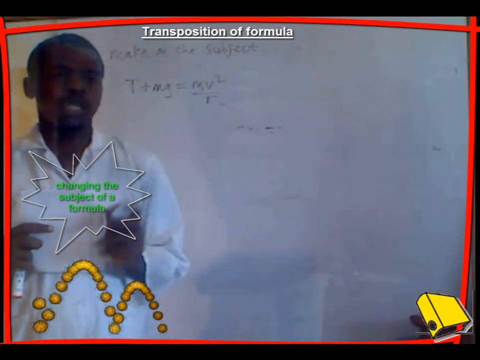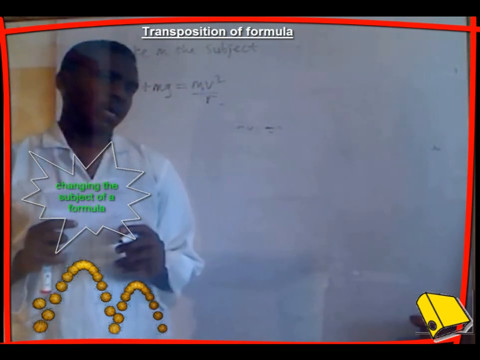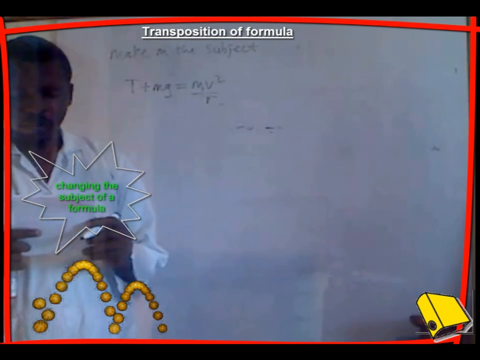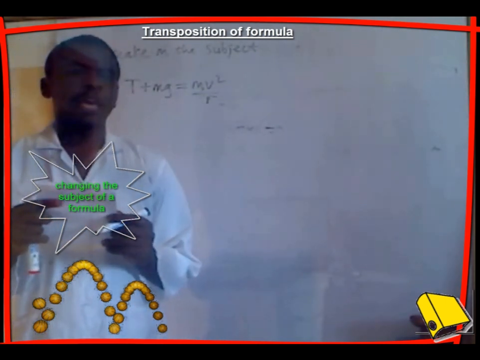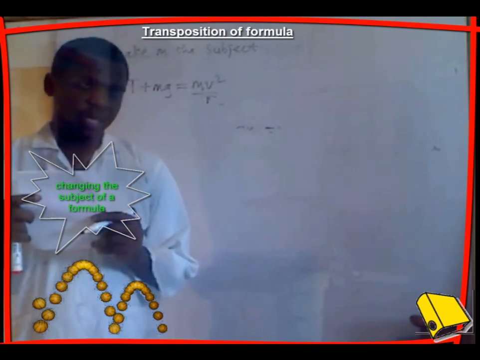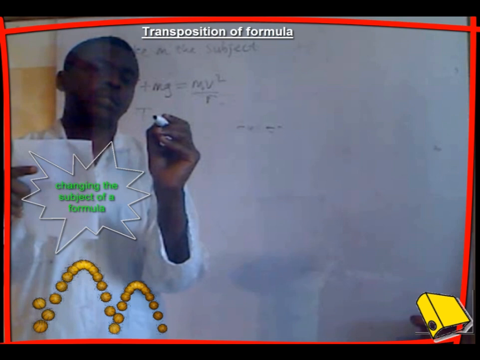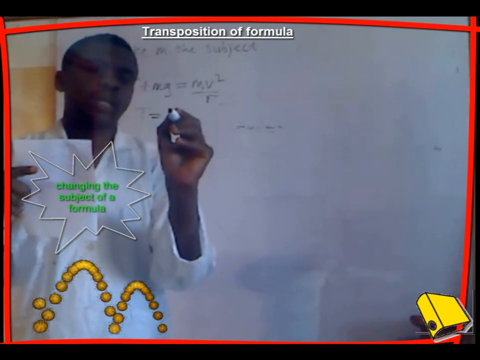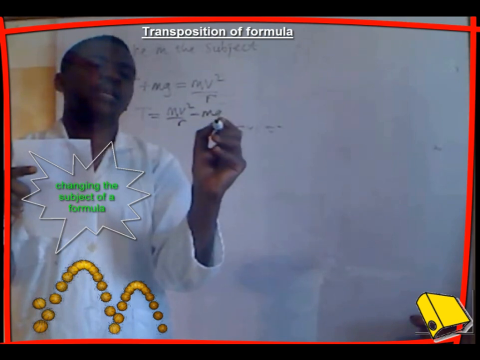Make m the subject in the formula t plus mg is equals to mv squared divided by r. So here we are making m the subject. We start by bringing all terms that contain m to one side. T is equals to mv squared all over r minus mg.